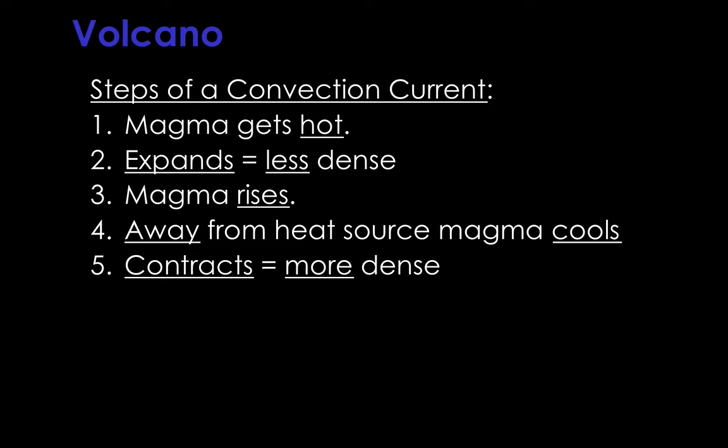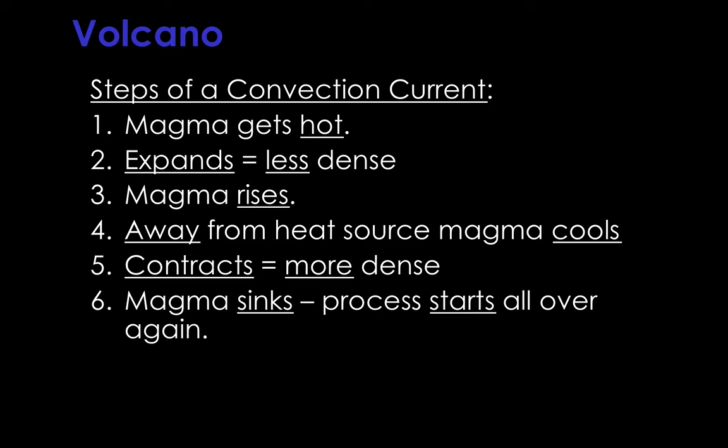When something contracts, that makes it more dense because the particles are closer together and there's less space in between them. And something that is more dense than everything around it will sink. And so the magma is going to sink, and this process then starts all over again. So this cycle is going to continue and continue.